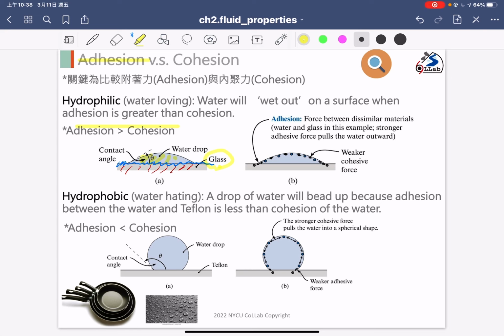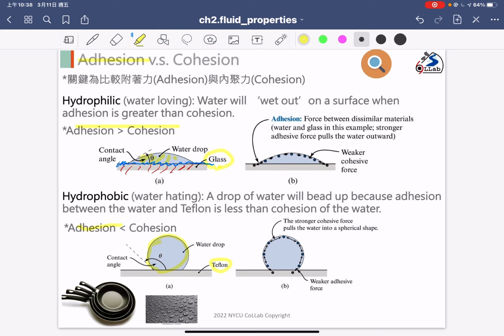But if you put the water on Teflon, you can actually see the water bubbles. That's because the water cohesion force is larger than the adhesion between two different materials. So you can consider some different phenomena.